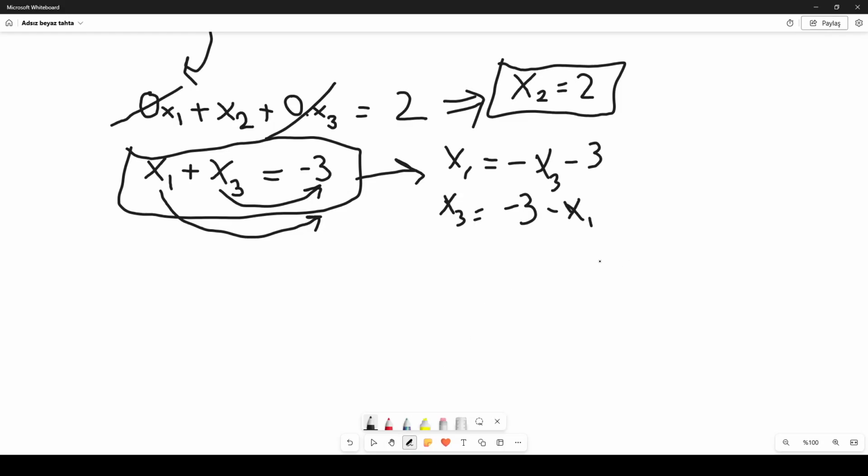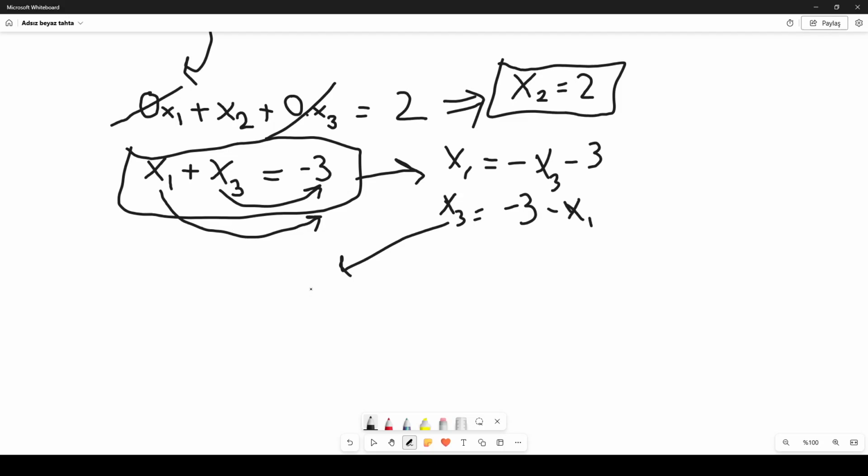Another key observation we should make at this very moment is that x1 is a variable and x3 is another unknown variable, so I can't simply write one of them with respect to the other one. I need to use an additional variable, which I call a free variable, meaning a variable that can take on any real value.